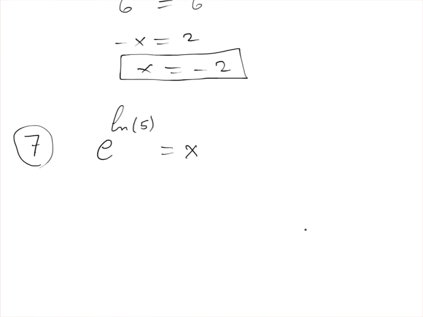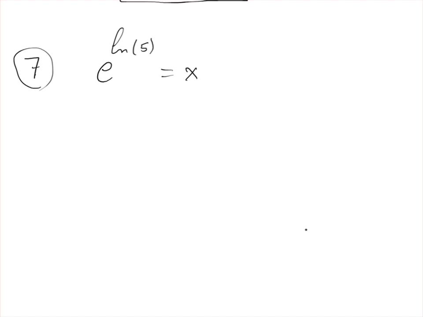Here's another problem. e to the ln of 5. We know ln and e to the x are inverse functions of one another. Here we are inputting 5 into the ln, and the output of that is going into e. So e would undo everything ln did.